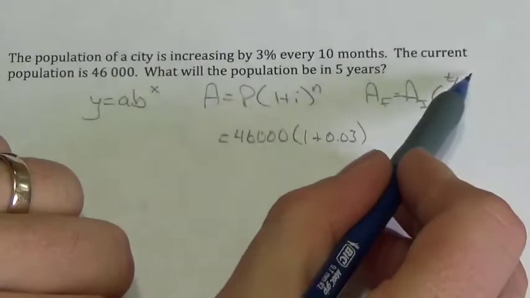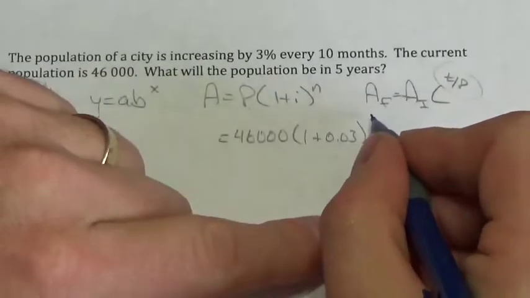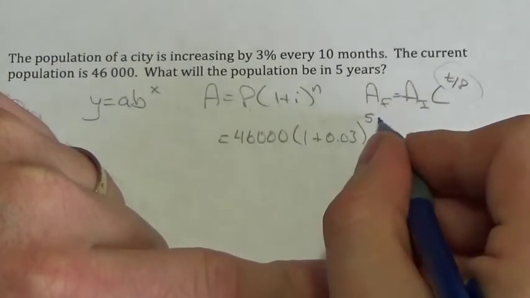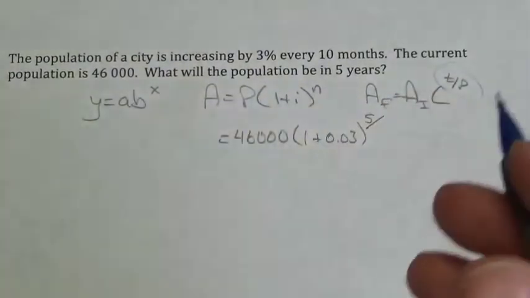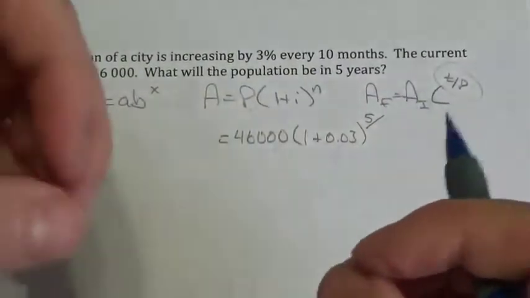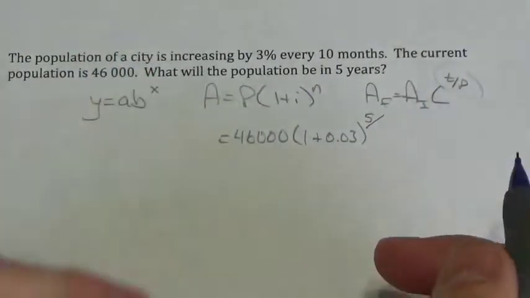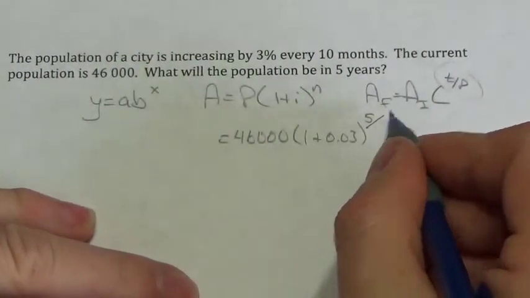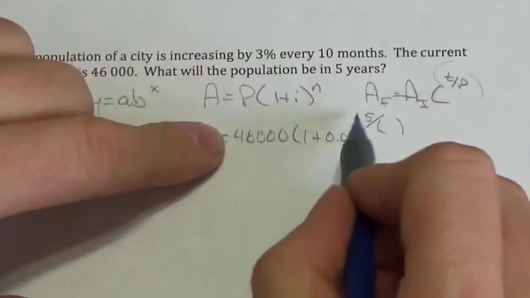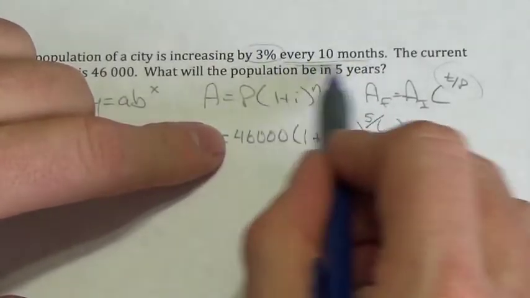So I'm going to take my clue from this other equation. I'm going to kind of mix these together. So it's going to be there for 5 years, but I'm going to divide that by the period of the growth here. And that's going to give me the number of times that I have this 3% multiple take over here. The 5 is in terms of years, and my 3% is in terms of every 10 months.